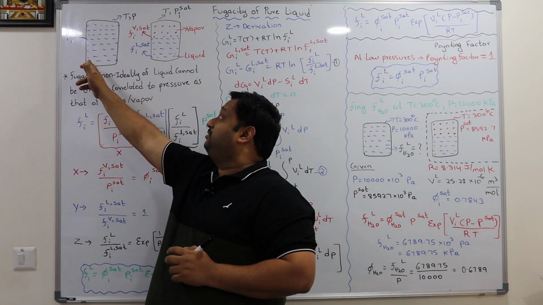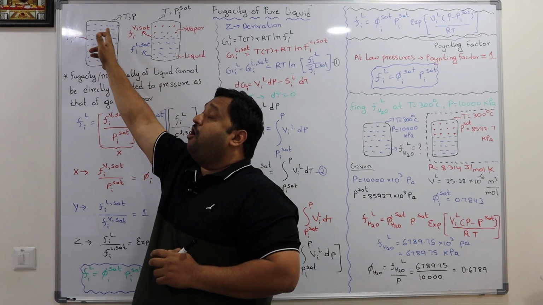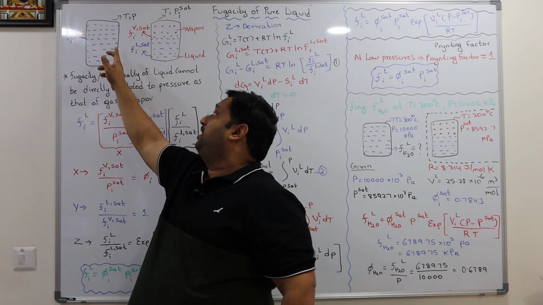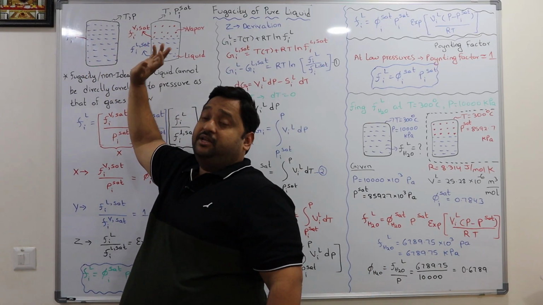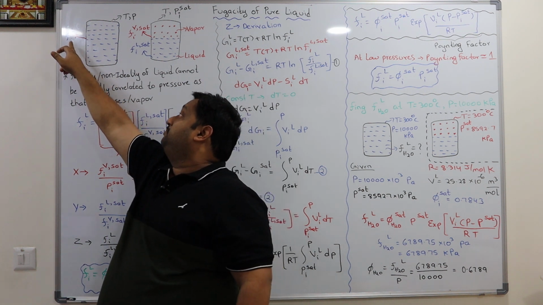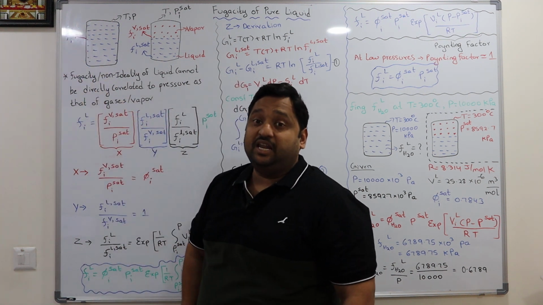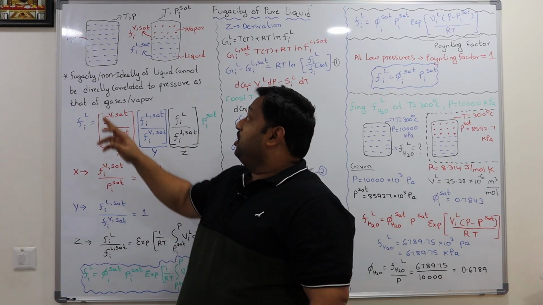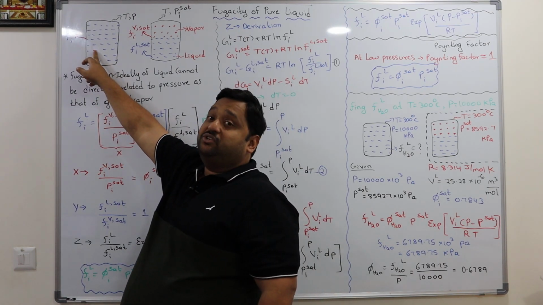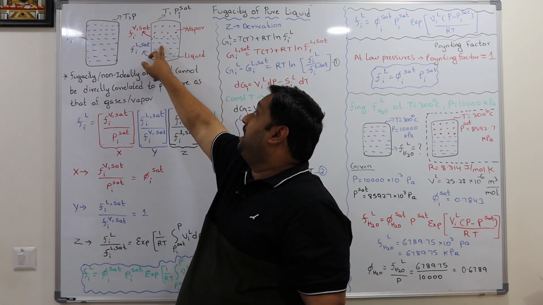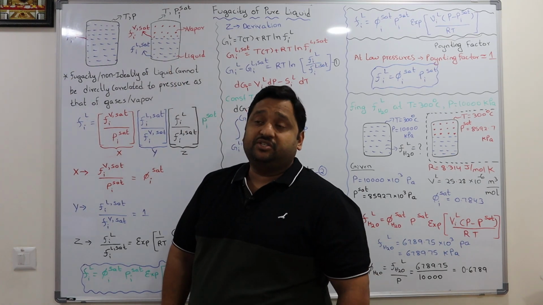Imagine you want to find out the fugacity of species i, which is a liquid. That is why it is represented by f_i^L, where L represents the liquid. To estimate the fugacity of the liquid, we should take the help of saturated conditions.